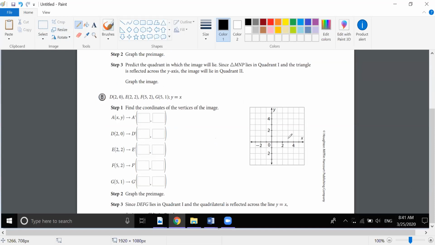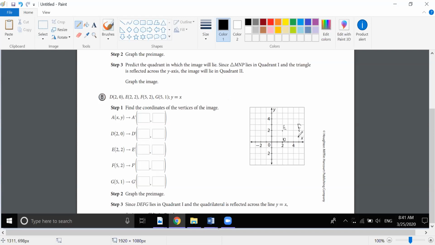And then we have (2, 2) as E. And then we have (5, 2) as F. Where is (5, 2)? It is here, as F. And then we have (5, 1) as G. So it's here.